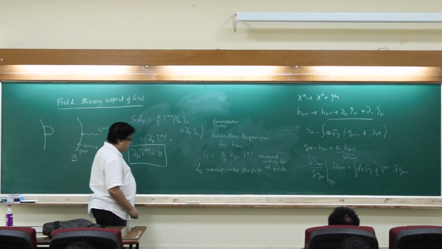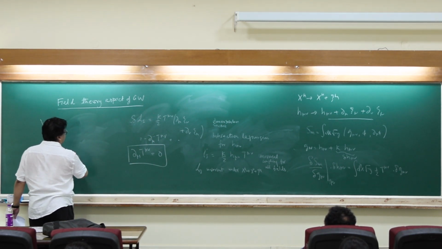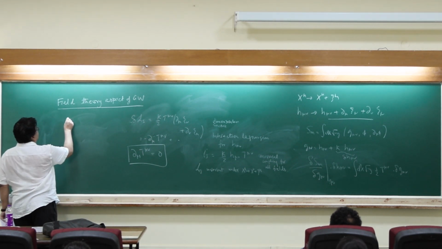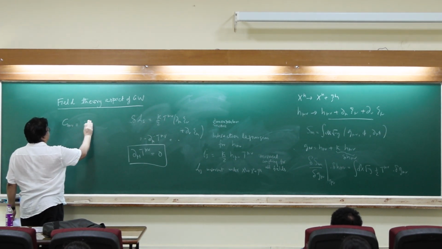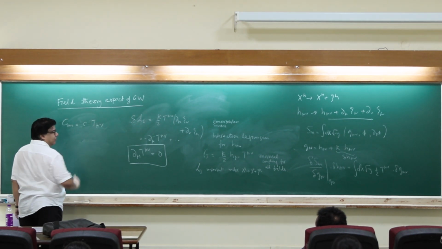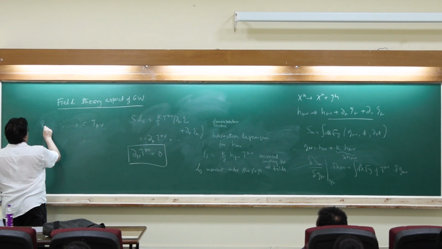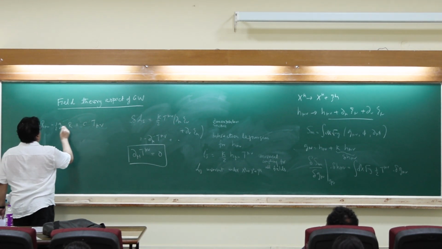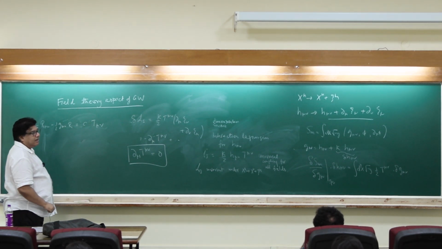Now this is a bit different from what you have in classical gravity. So in classical gravity, you have Einstein's equation, which is G mu nu equal to some constant times T mu nu, right?